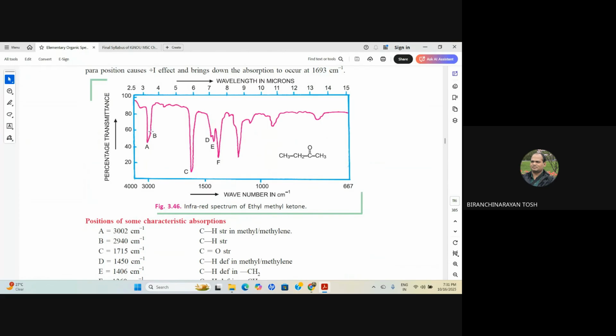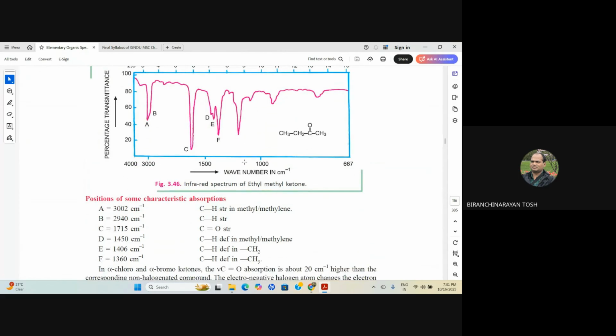A and B merge with each other, giving a single peak. The peak C is for CO stretching, and D, E are all for CH deformation.